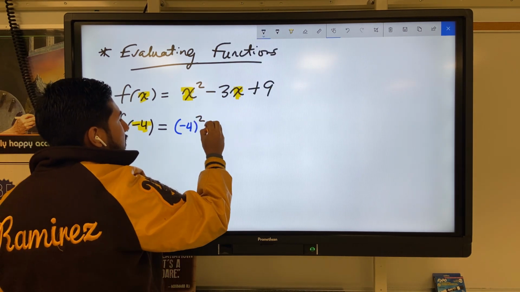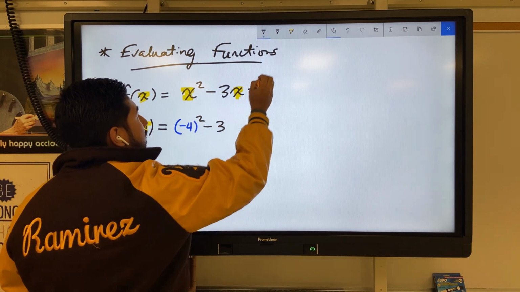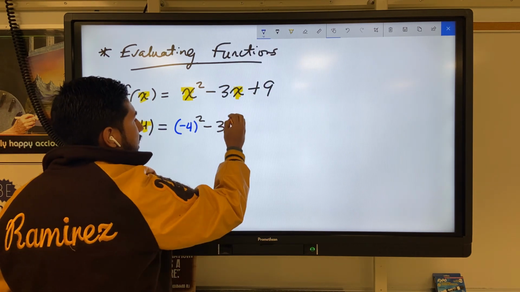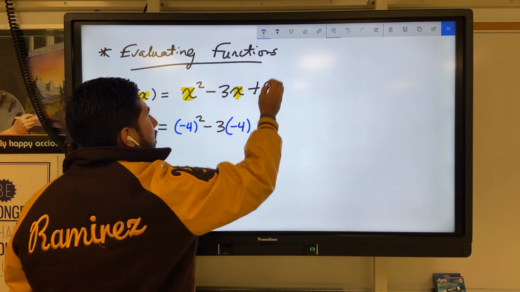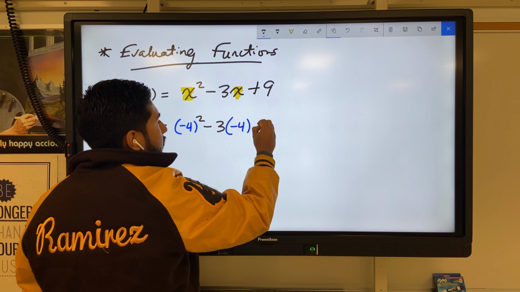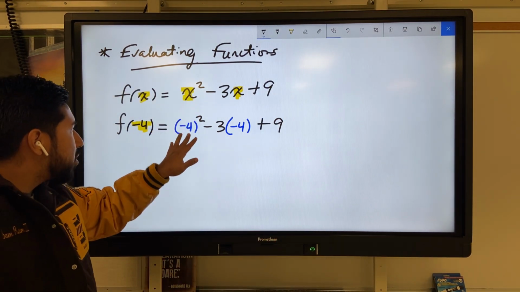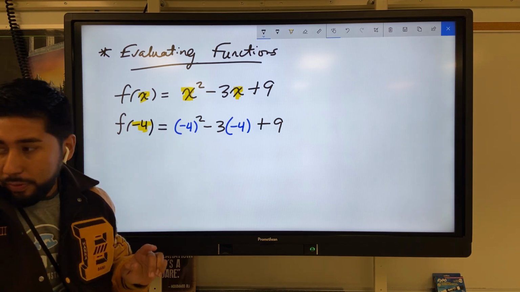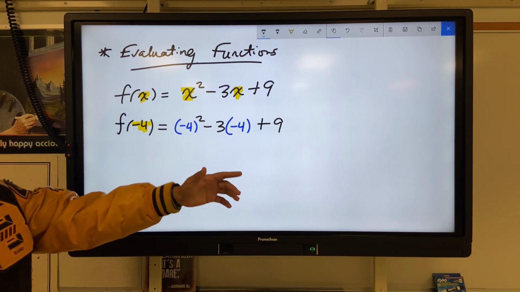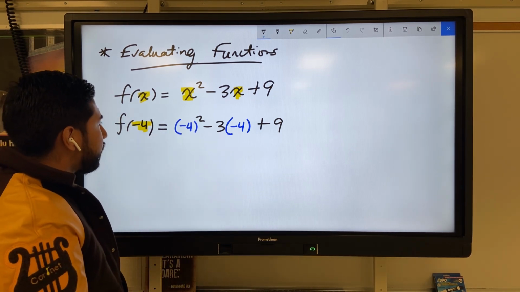Squaring goes on the outside. Minus 3, instead of the x, the negative 4, with the plus 9. As you can see, wherever that x was, I put in a blue negative 4 because I need you all to see that's the substitution, that's the replacing.